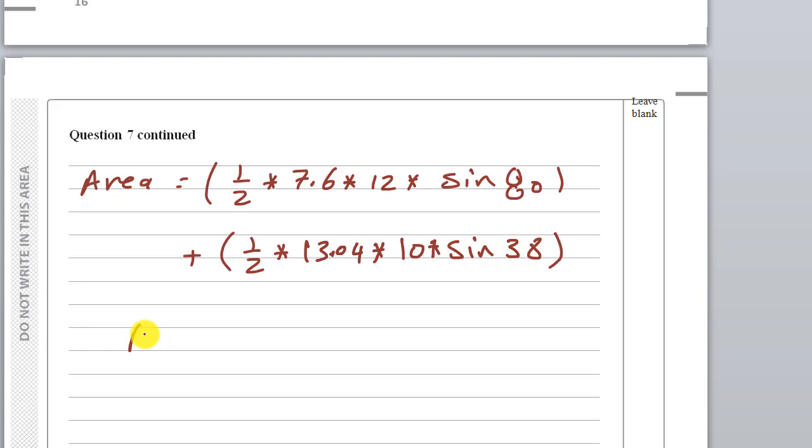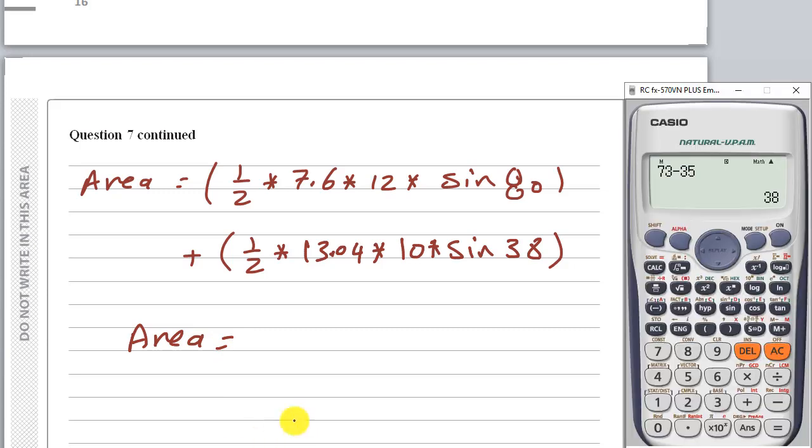So the total area is equal to 0.5 multiplied by 7.6 multiplied by 12 multiplied by sine 80, plus 0.5 multiplied by 13.04 multiplied by 10 multiplied by sine 38.